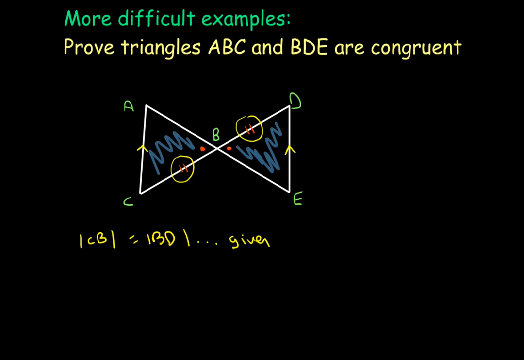And the reason, it's vertically opposite. So it's really important that you can spot them rules within the question. So that's the measure of the angle ABC is equal to the measure of the angle DBE, and this reason is it's vertically opposite. So it's not told you explicitly in the question, you must spot it.